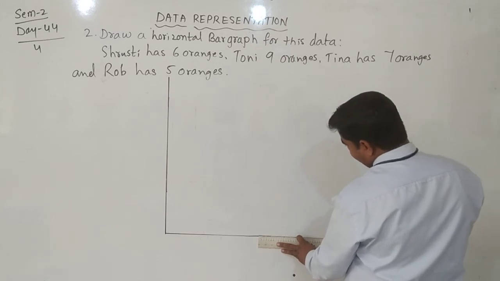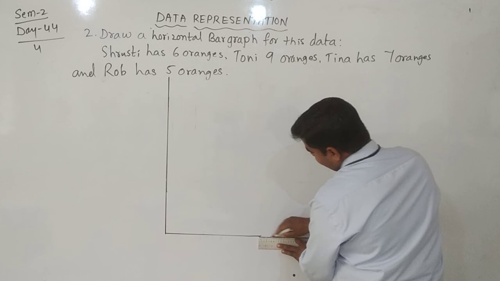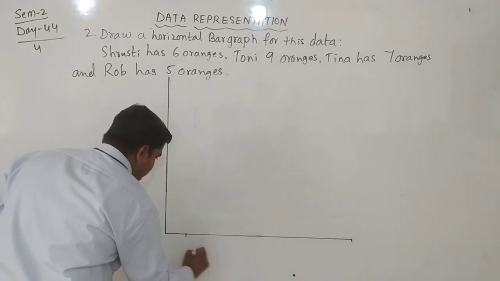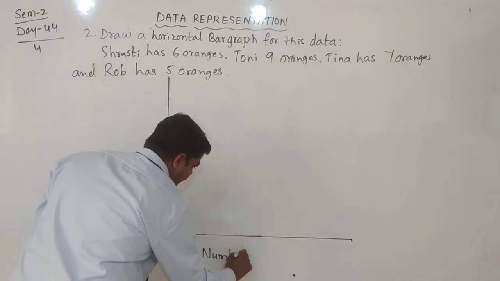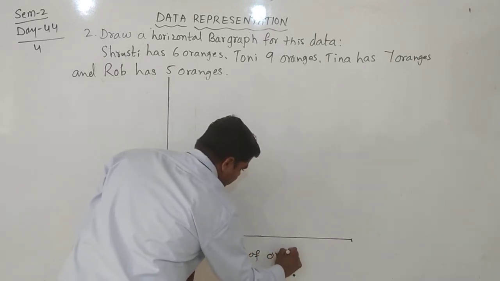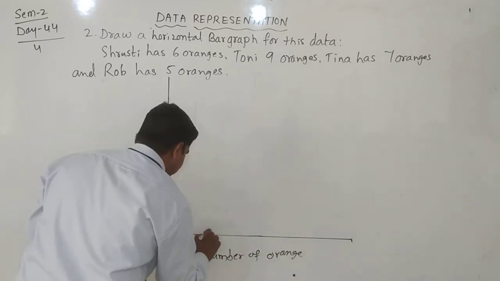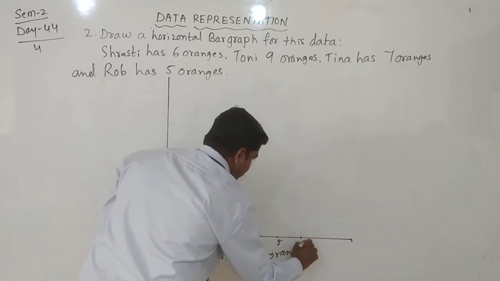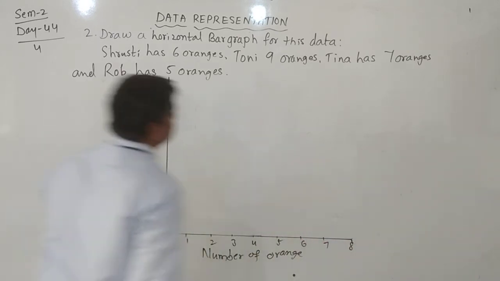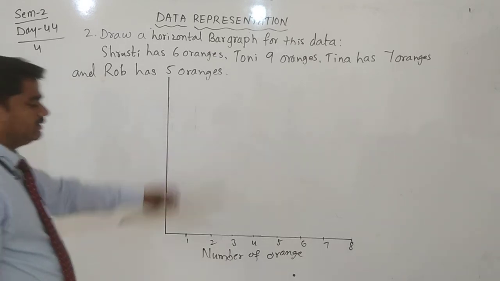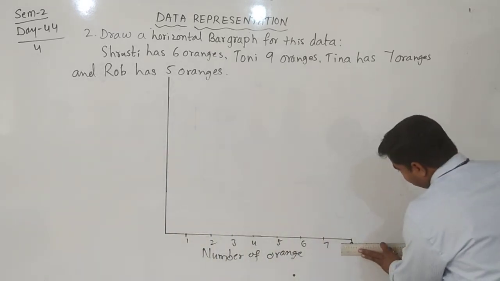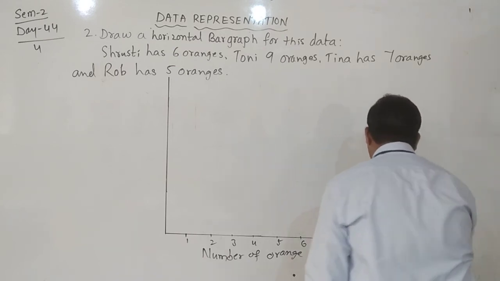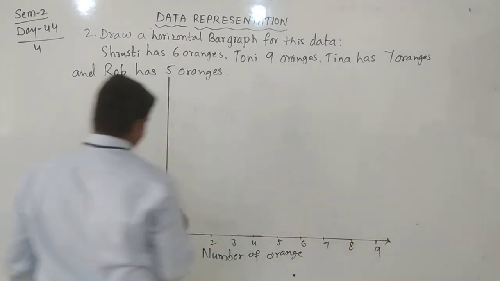In this horizontal bar graph, the x-axis is the number of oranges: 1, 2, 3, 4, 5, 6, 7, 8. Maximum 9 oranges are there, so one more line we can extend.